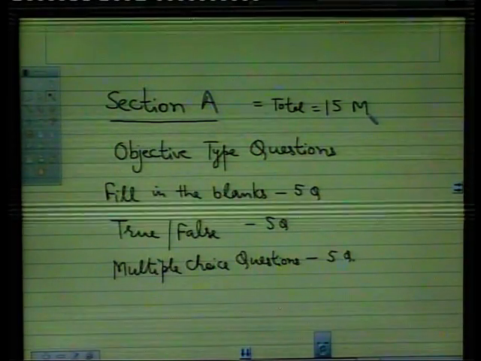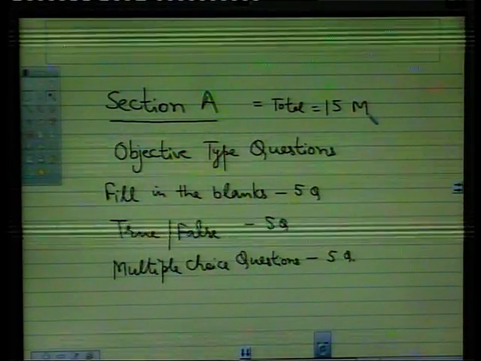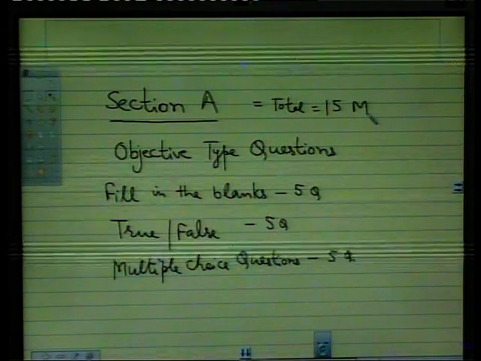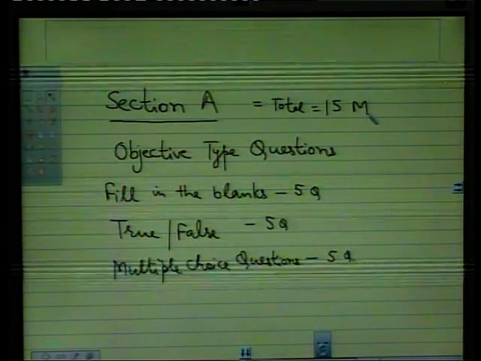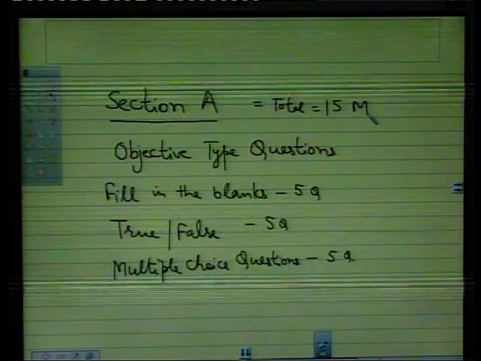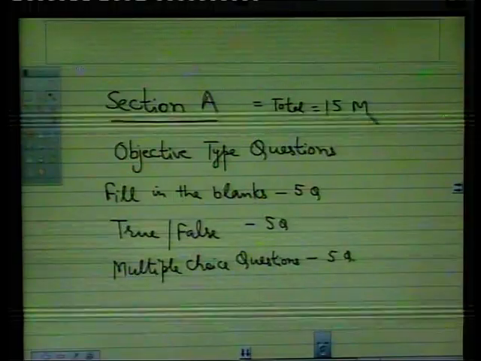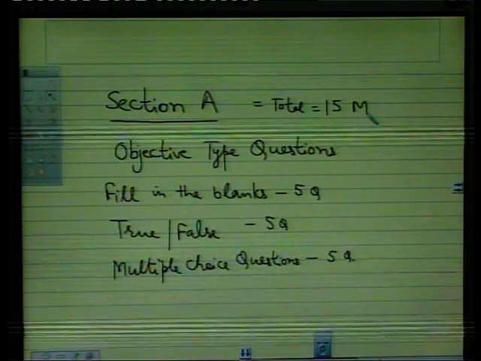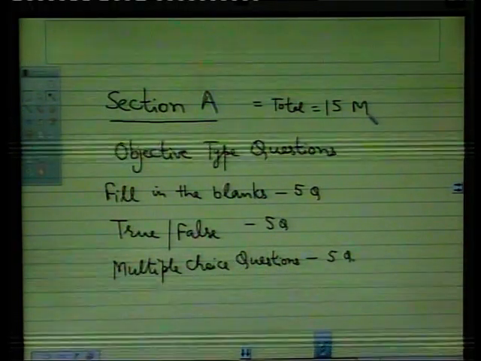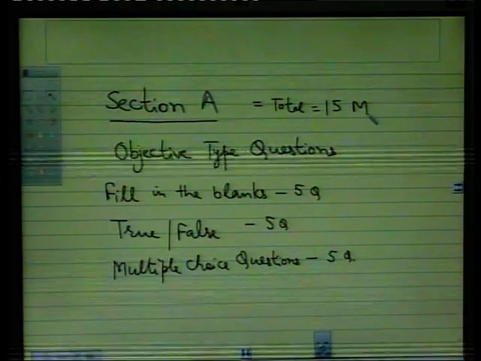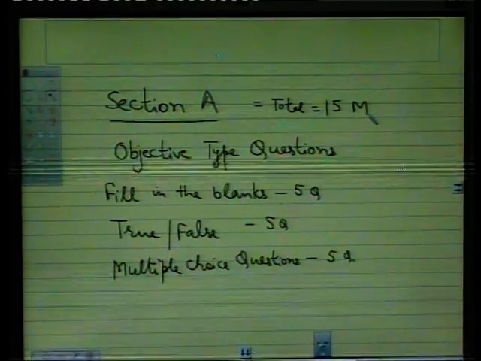So, dear students, please do not rewrite the questions, only write answers to the questions. You write 1, 2, give the number of the question and give only the answer, so that it becomes easier for the examiner to check your answers.